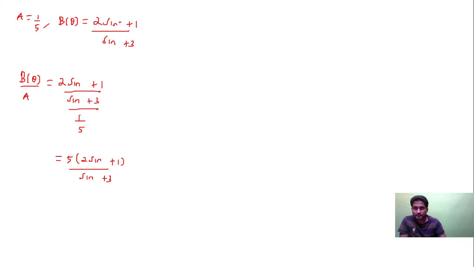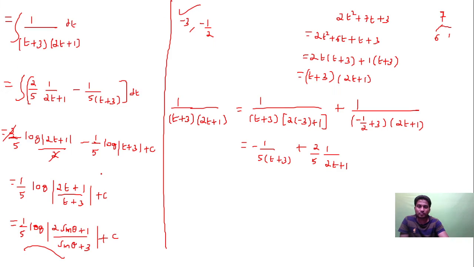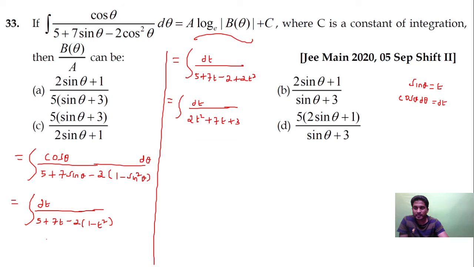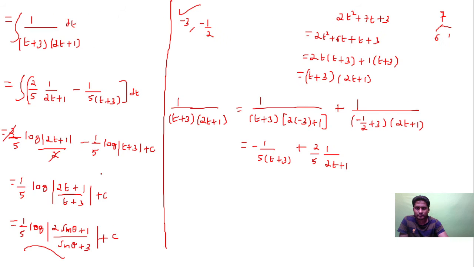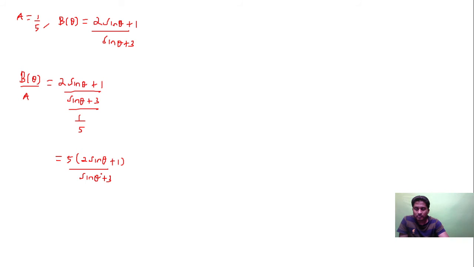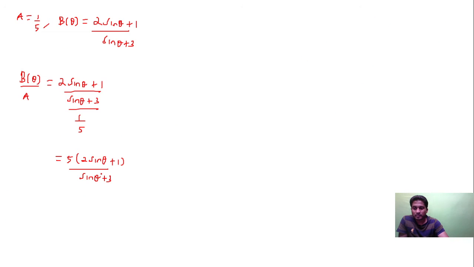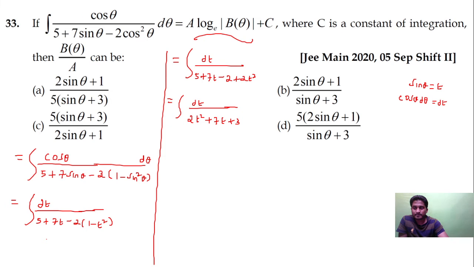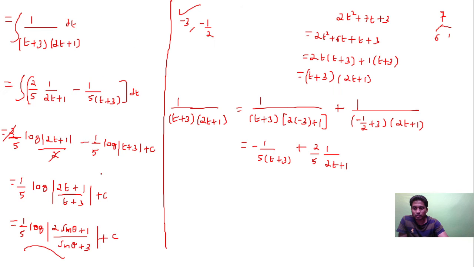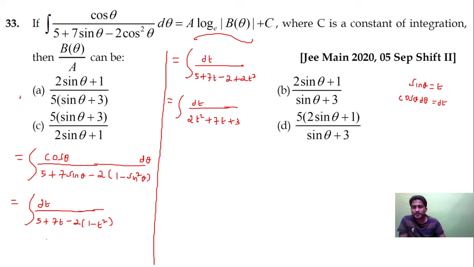That's the answer. You get 5 into 2 sin theta plus 1 upon sin theta plus 3. First option. Yes, answer is option A. 33 is option A.